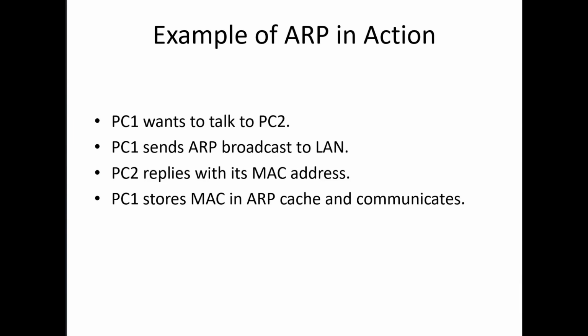So it will reply with its MAC address. And then PC1 will store that MAC address in its ARP table. Every PC has an ARP table, and then both PCs will communicate smoothly.